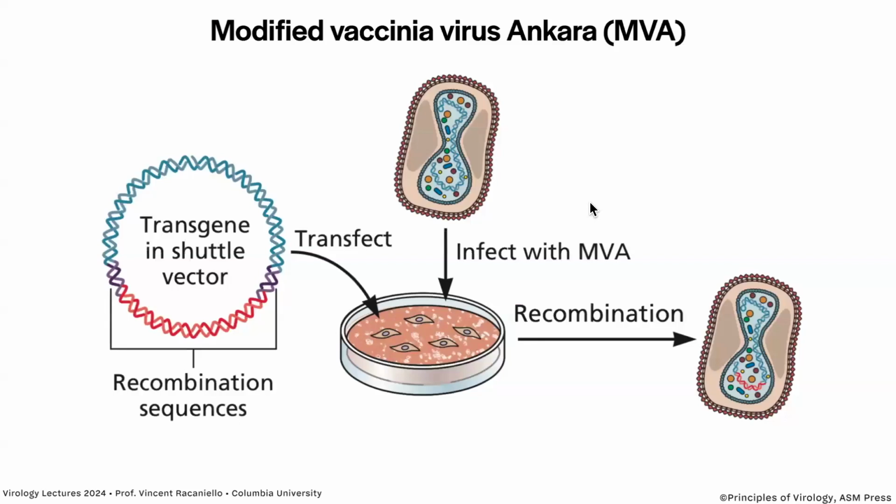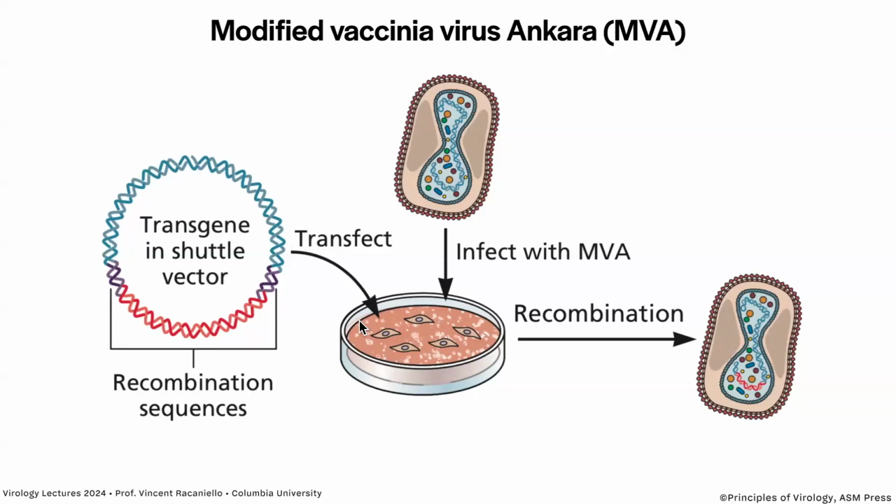So here's how you make recombinants with MVA. So you're going to take your DNA that you want to incorporate into the virus. Those sequences are shown in red here. And you put it in a plasmid, a bacterial plasmid. And then on either side of the insert DNA, you put sequences from MVA, and that's going to stimulate recombination.